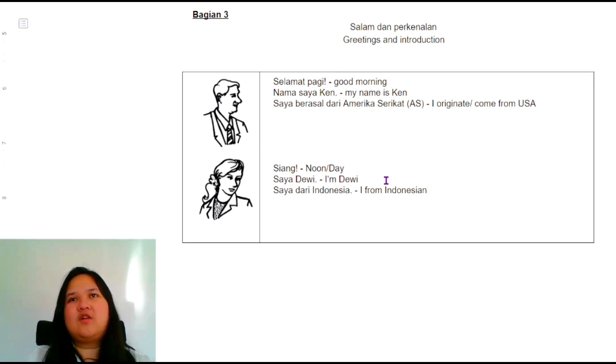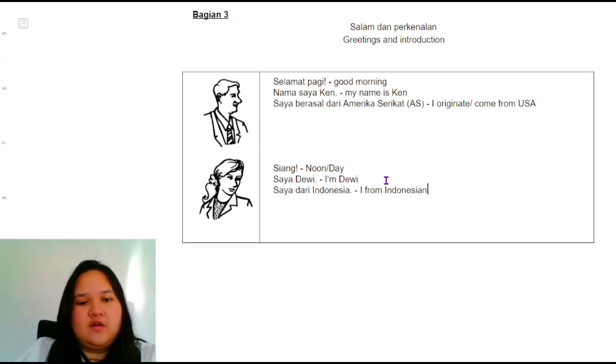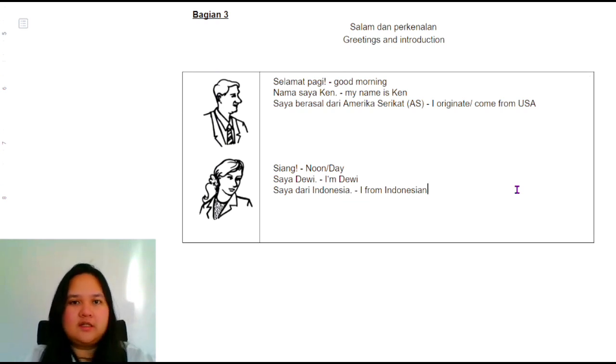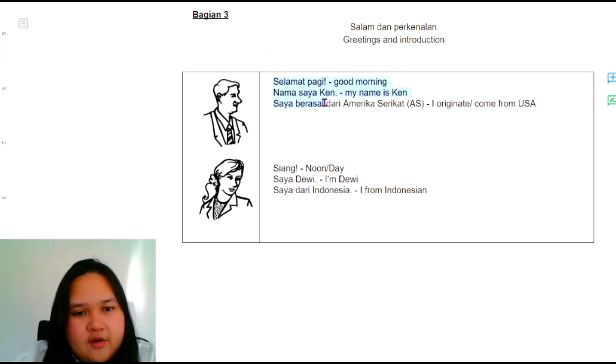This is also something flexible. This is in fact colloquial Indonesian, like in daily life we would say it as short as possible. Here it's fine to say that. So siang, saya Dewi, saya dari Indonesia. If you compare, the other is longer to say, right?